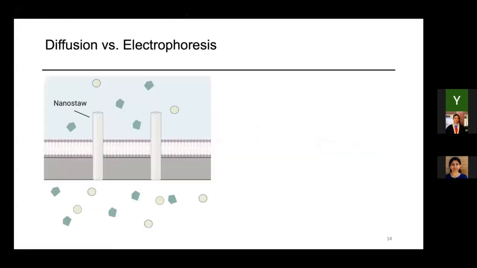In order to do that, we need to go back and analyze the mechanism for why we have such low delivery efficiency.